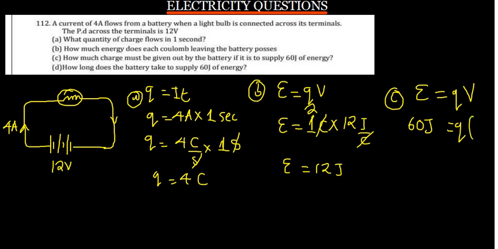The voltage is 12 volts. So if you want to remain with charge, divide both sides by 12 volts. Therefore, charge is going to be 60 divided by 12. How many times does 12 go into 60? That's 5 times. So the answer is going to be 5 coulombs. Is that okay?